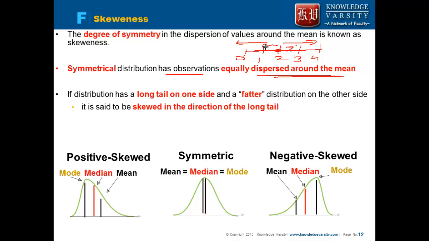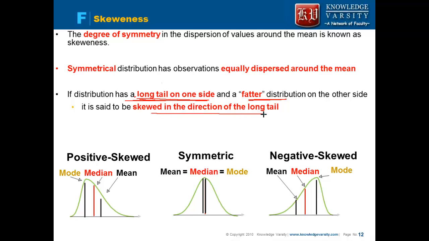However, in real life, symmetrical distributions are not there. Symmetrical distributions have equal distribution and skewness 0, but in real life we sometimes see a long tail on one side and a fatter distribution on the other side.